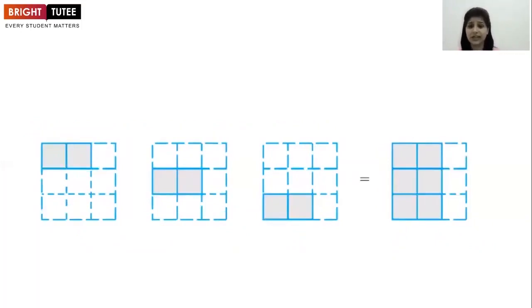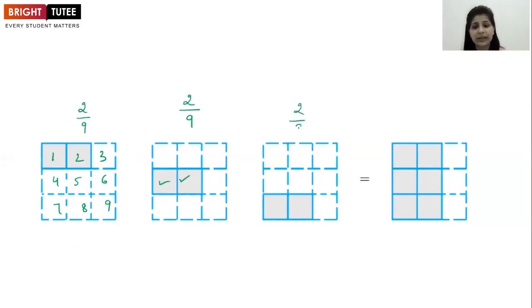Let's talk about this one as well. Here, how many parts are there, students? 1, 2, 3, 4, 5, 6, 7, 8 and 9. 9 parts in total. Out of the 9 parts, how many are shaded? 2 parts out of 9 are shaded. Here again, 2 parts out of the 9 parts are shaded, and here again 2 parts out of the 9 parts are shaded. If we add them, 2 upon 9, 2 upon 9, 2 upon 9, the denominator is same, add the numerators, and we get 6 upon 9.